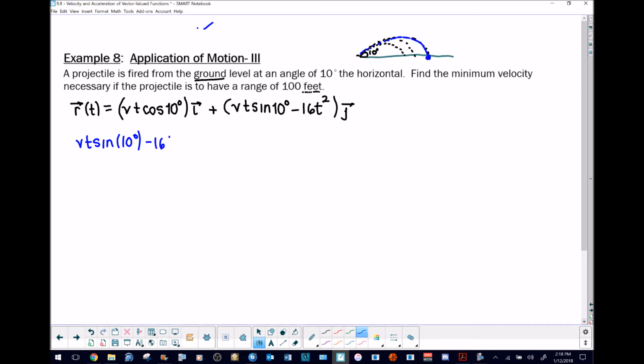If we fire this projectile and it lands right here where I've got it marked in the picture, the height above the ground, the vertical distance, is going to be 0, right?